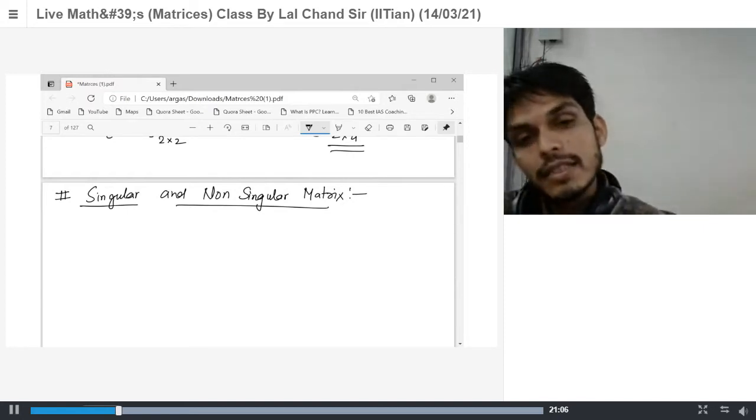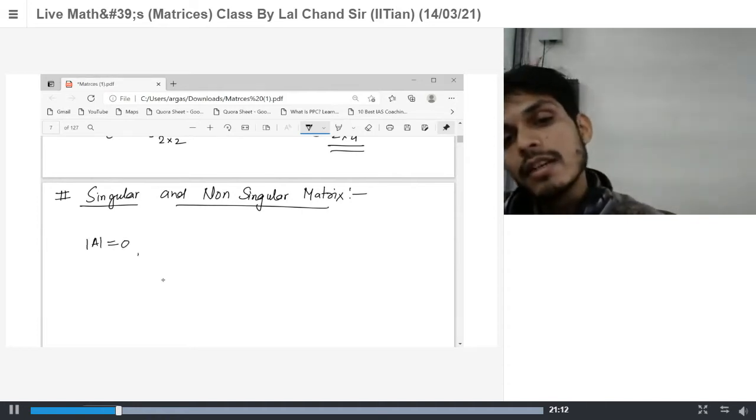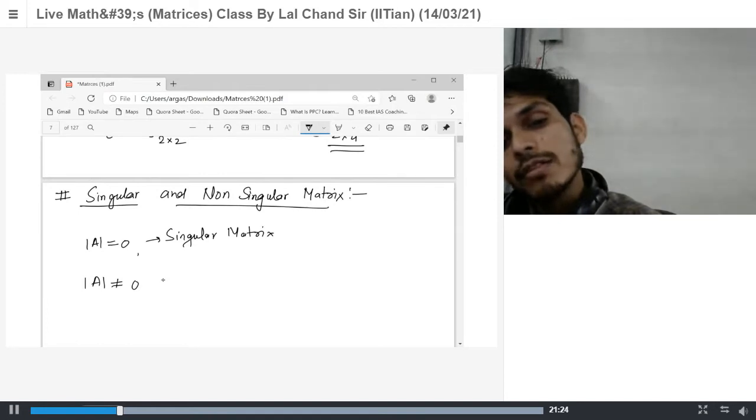A singular matrix is the matrix where the determinant value of that particular matrix is 0. And non-singular is when the determinant value of that particular matrix is not equal to 0. So this is a singular matrix, and this is a non-singular matrix.